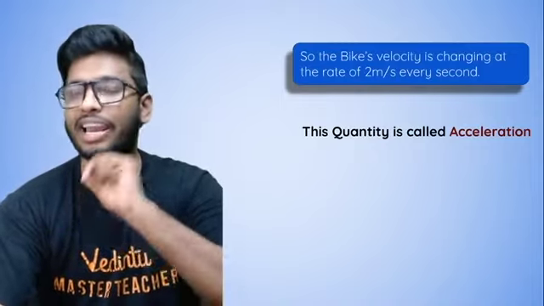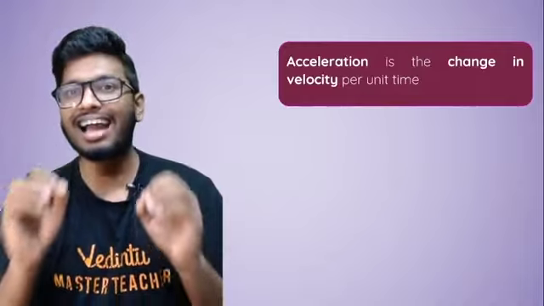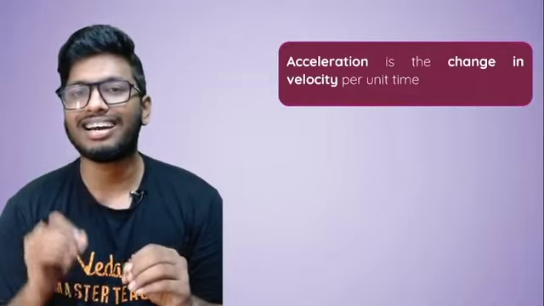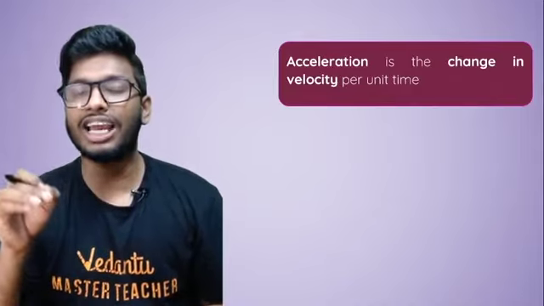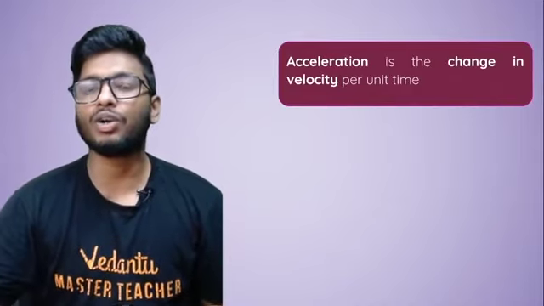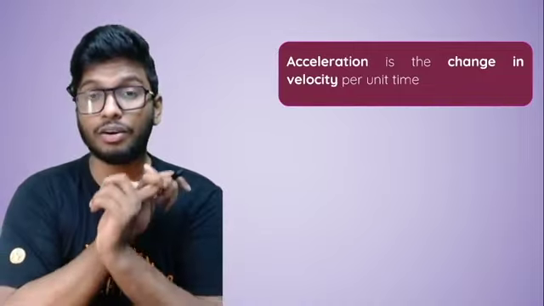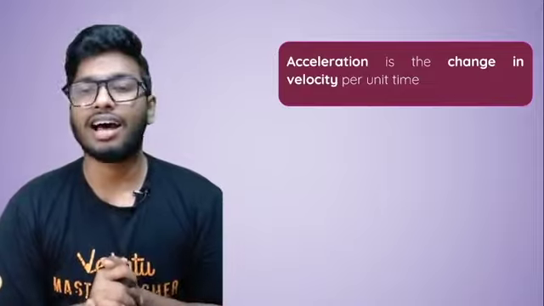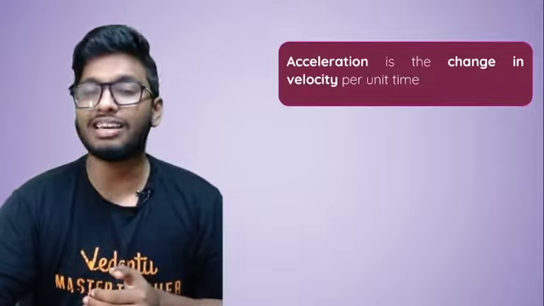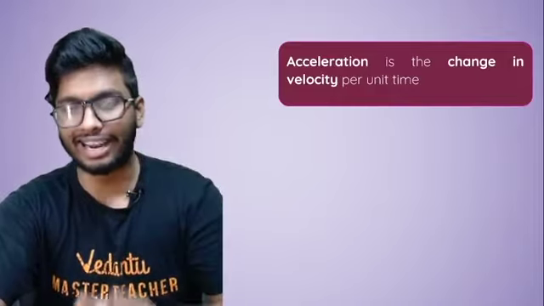I'll tell you how I came to that conclusion, but before that, let me define what acceleration is. Acceleration is the rate of change of velocity, or in other words, the change in velocity per unit time. Both of these are absolutely correct.